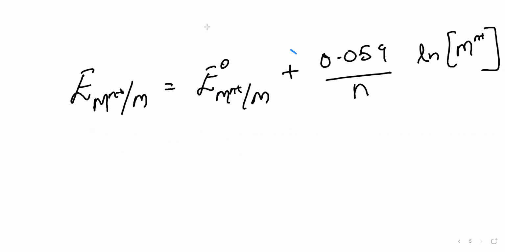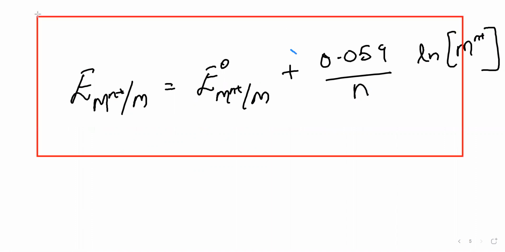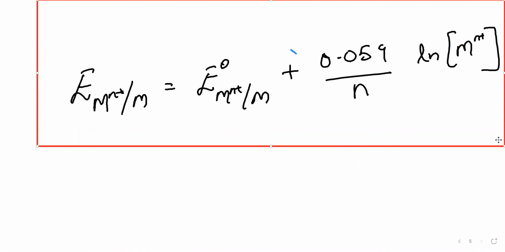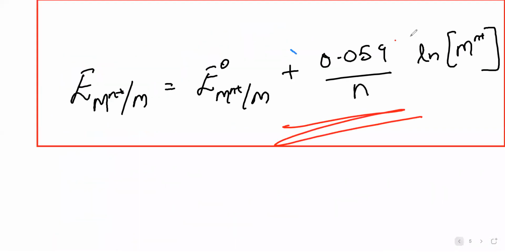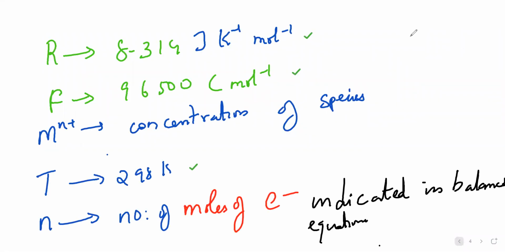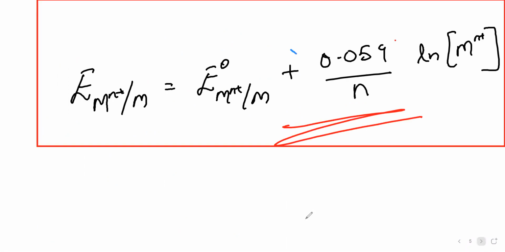So this is my final equation. The only thing is we have to learn this formula by heart and know what all these things are. n is the number of moles of electrons. This is the important thing, and these things will be used directly in the formula.